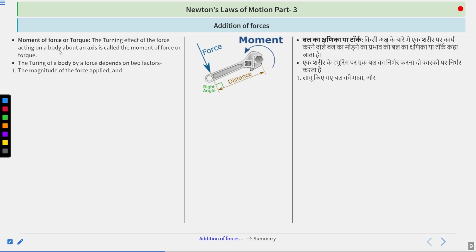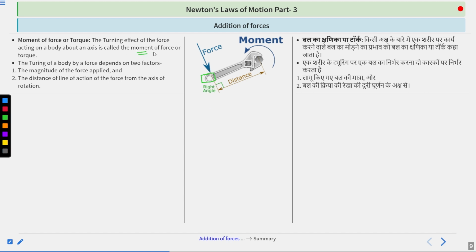If you look here, it is the turning effect of the force. The force is applied here so that this body is turning. Basically it is called the moment of force or torque, and it depends on two main things.